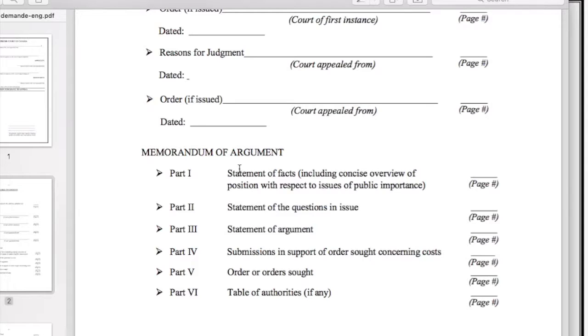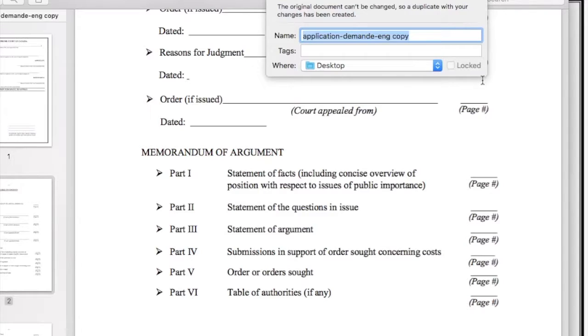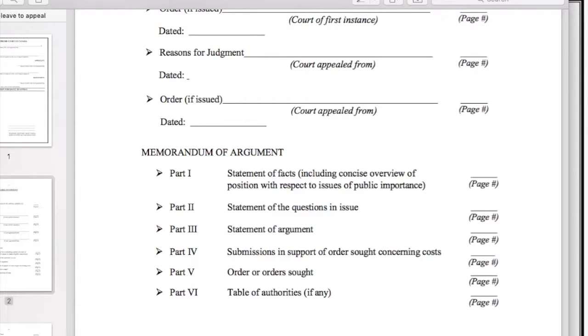In my circumstance, I was the appellant. In another case, it could be the respondent on appeal. So depending on what the outcome of the previous order was in the court that you appealed from, that will determine what your title was.